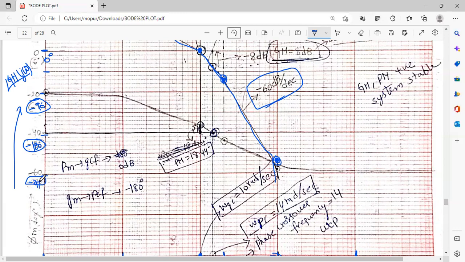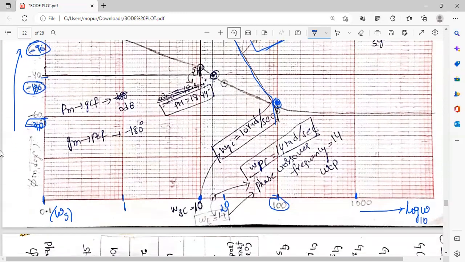To avoid confusion, the minus 60, minus 40, minus 20 are the components corresponding to the magnitude curve. The circled ones, starting from this 0 degree, correspond to the coordinates of the phase angle.